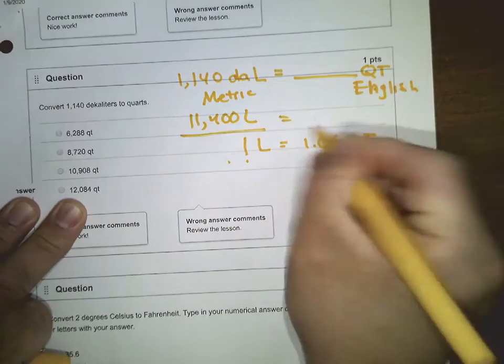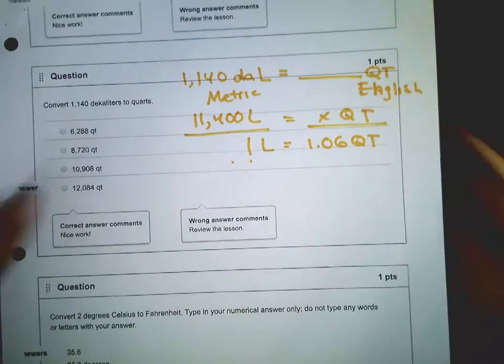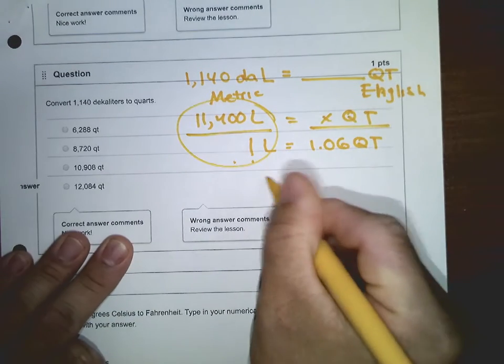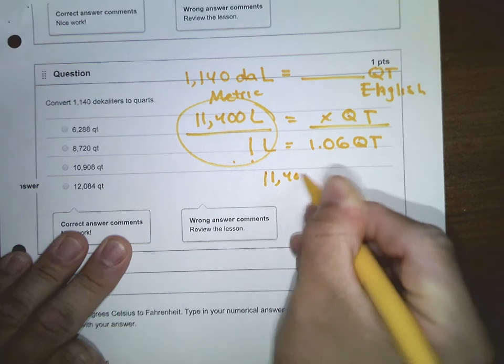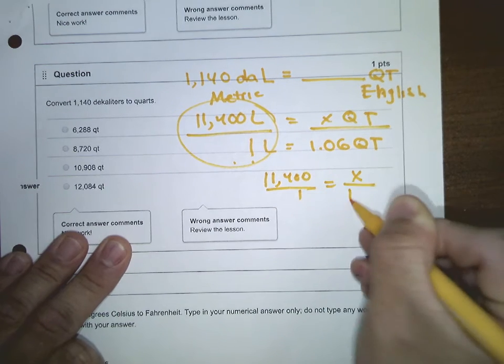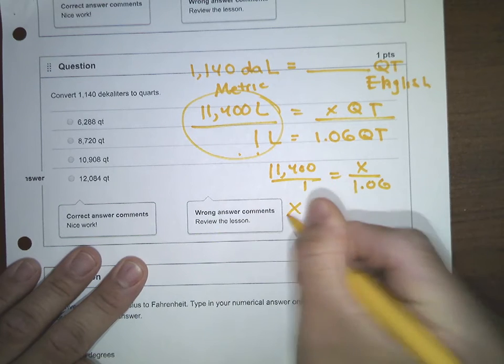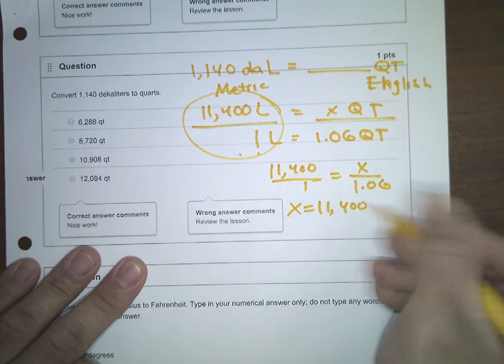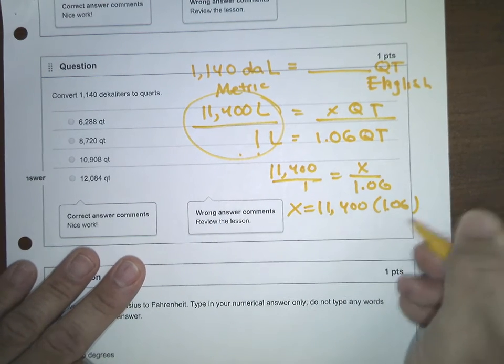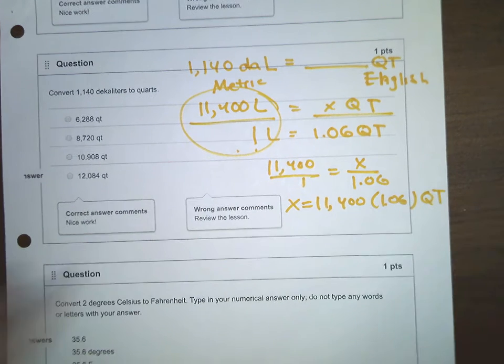So that will equal X quarts. So then I just have a proportion here. 11,400 over 1 equals X over 1.06. So then if I cross multiply, X is 11,400 times 1.06, and that answer will be in quarts.